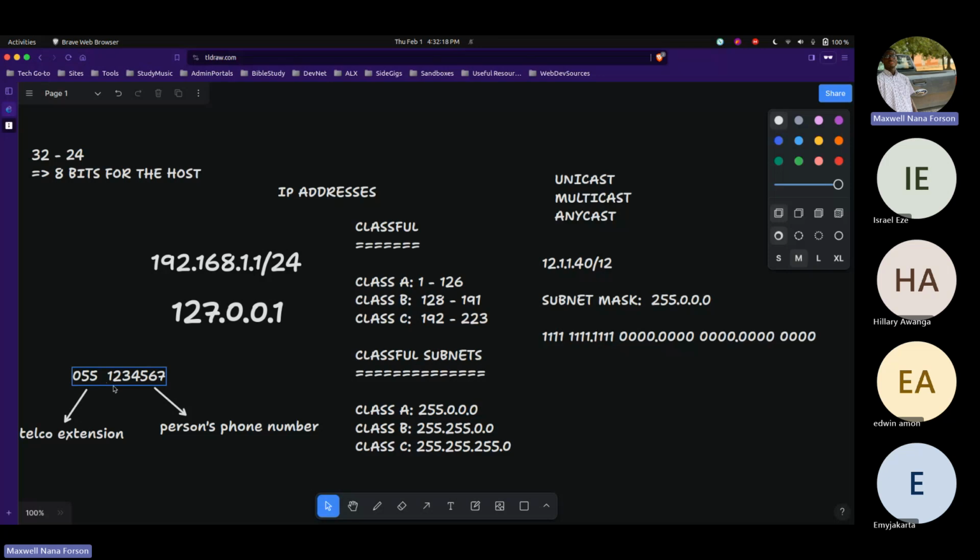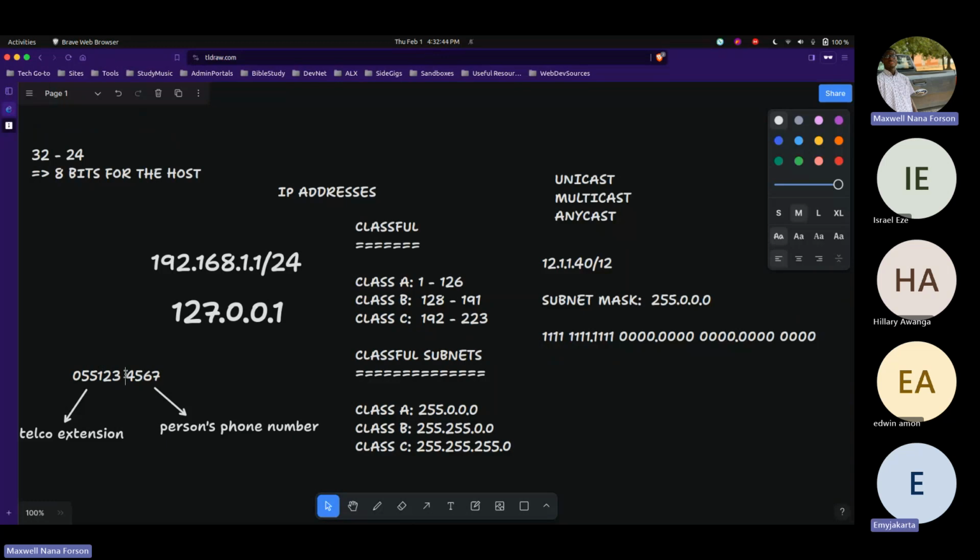So for here, the first 3 numbers belong to the telecommunication. But let's say we live in a weird world, let's say in Ghana, and for some reason the first 6 numbers rather became the one for the telecommunication. It would have looked something like that.